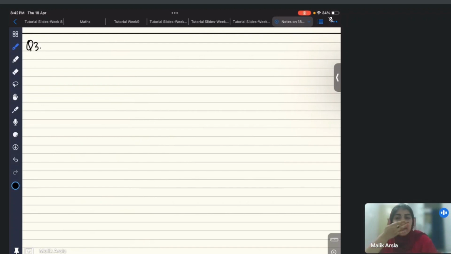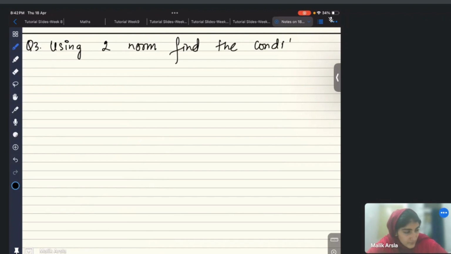So the next question is based on finding the condition number of matrices. Using the two norm, find the condition number of the matrix 2 0 0 4.